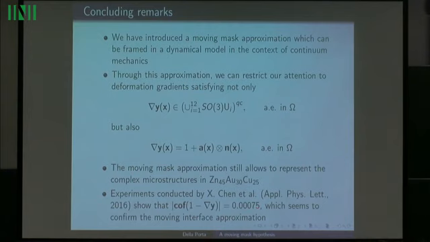This number is 0 if and only if the gradient of y is of this form. So the fact that this number is small seems to confirm that this constraint is close to being true in this material, and so to confirm the validity of the moving mask approximation.